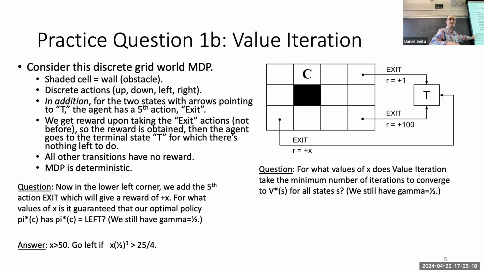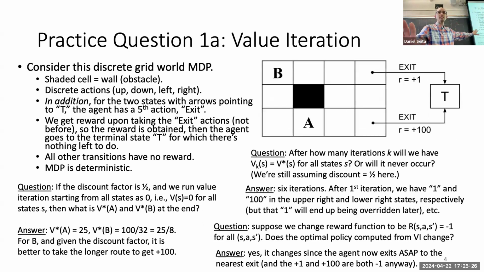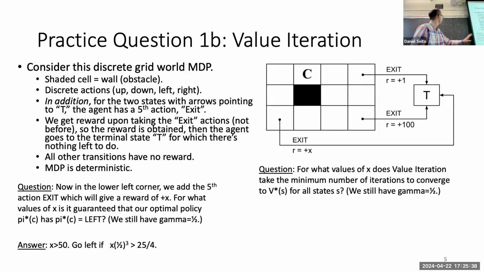Yeah, this one. Yes. Go back to the previous slide with the value of the column before. How do you get 25/4? Oh, so I had it written over here, but this is 25/4. That's the number that you get from value iteration. So you get 100, 50, 50.